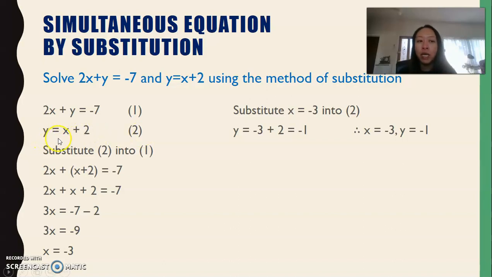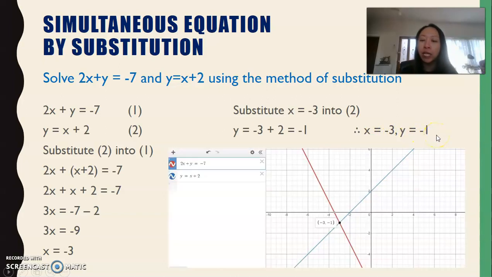So for y equals x plus 2, instead of writing x, I'm putting negative 3, plus 2, which gives us negative 1. Therefore, x is negative 3 and y is negative 1.